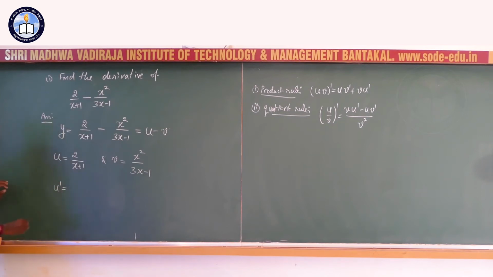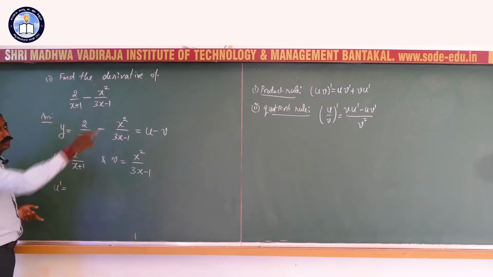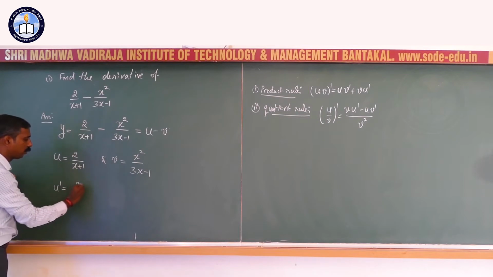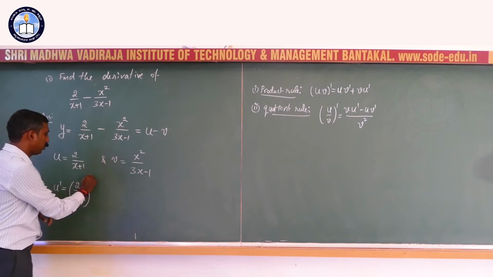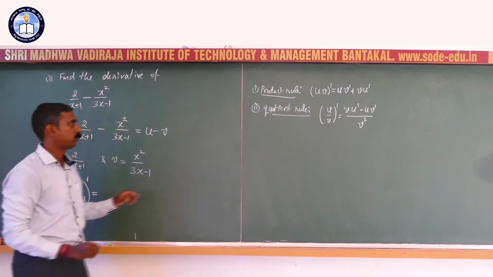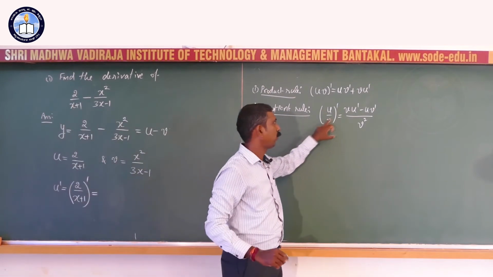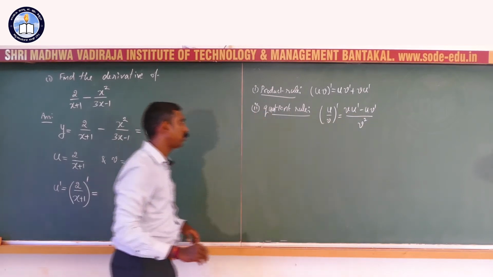u dash is the derivative of 2 divided by x plus 1. This is a quotient rule problem, so we have to apply the quotient rule. It will be 2 divided by x plus 1 whole dash. As per the quotient rule, u by v whole dash is v into u dash minus u into v dash.